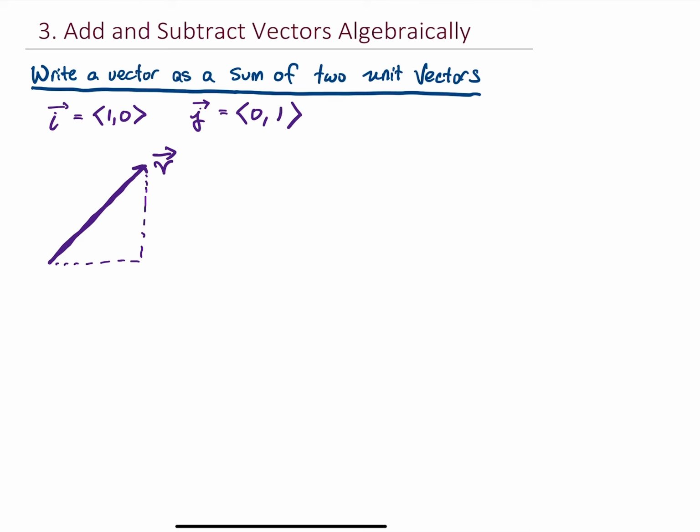So our i vector would extend 1 unit in the x direction. To get this full side, we would just need to scale this vector by whatever the horizontal component is, meaning we can describe the whole length as a times the vector i.